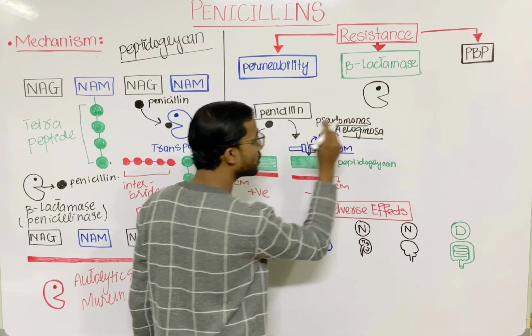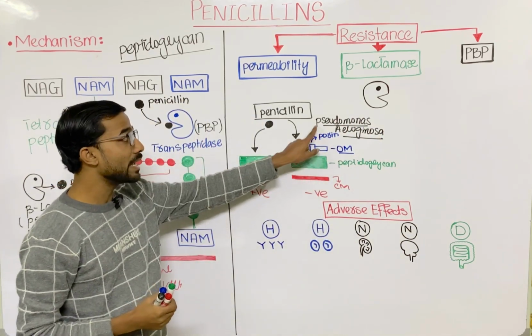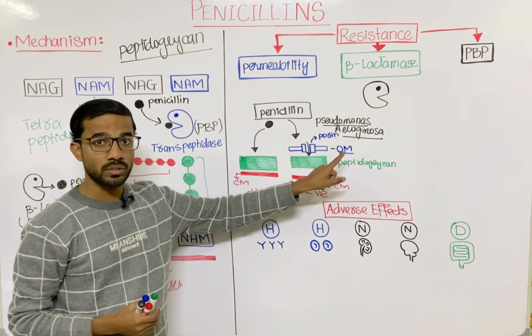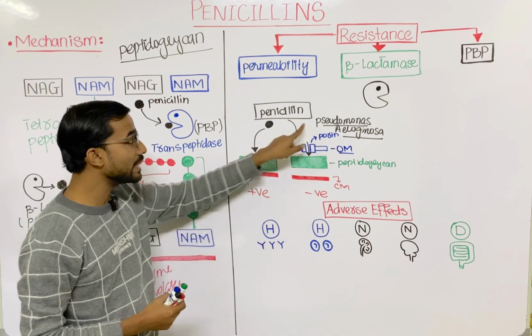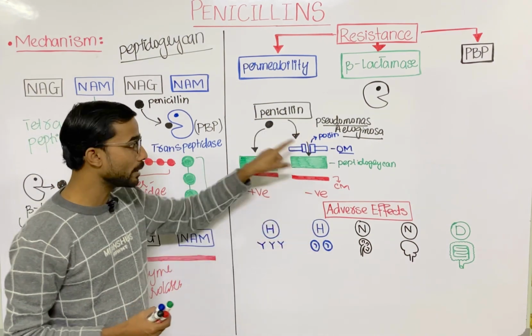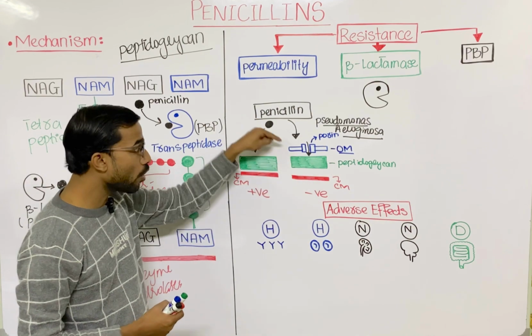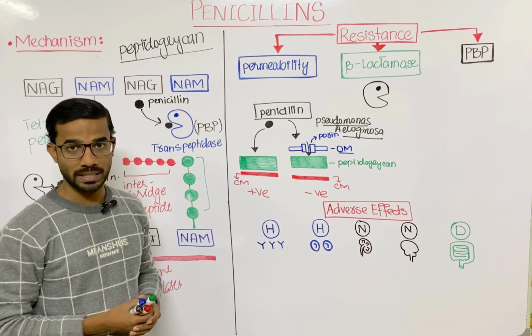That bacteria has reduced porin permeability. So that's why Pseudomonas aeruginosa develops resistance against penicillin, because in this bacteria there is reduced permeability of the penicillin through the porin. When there is no reaching to the peptidoglycan, then there is no action of the penicillin in that case.